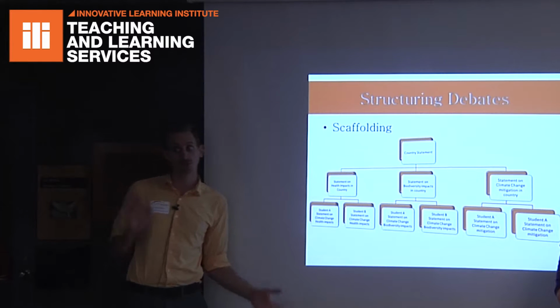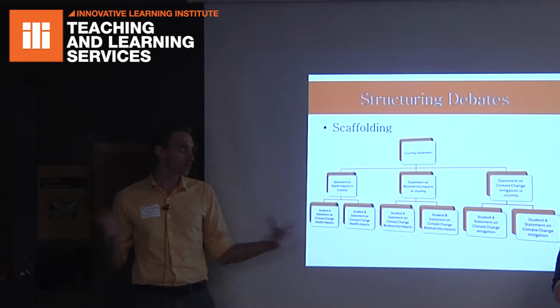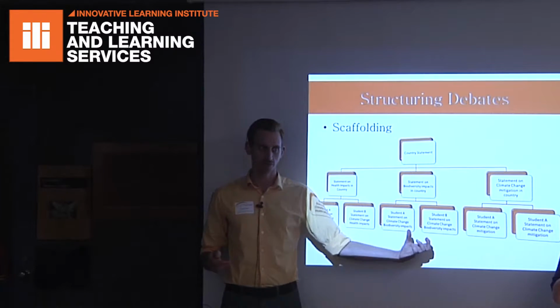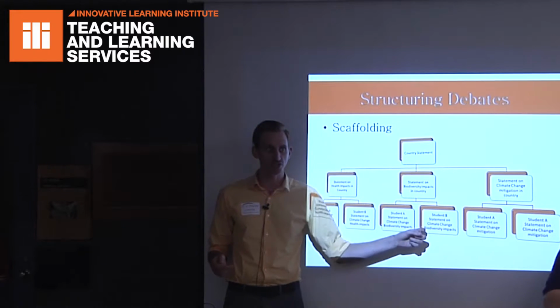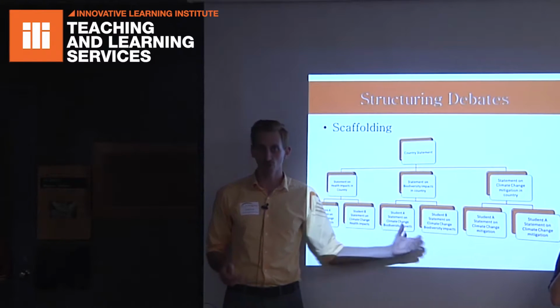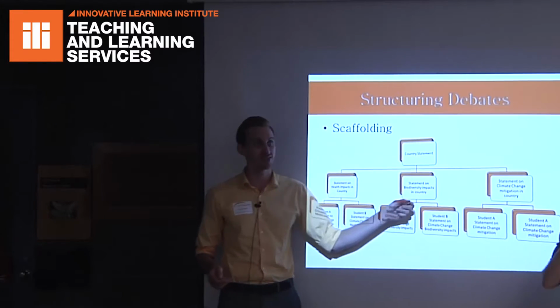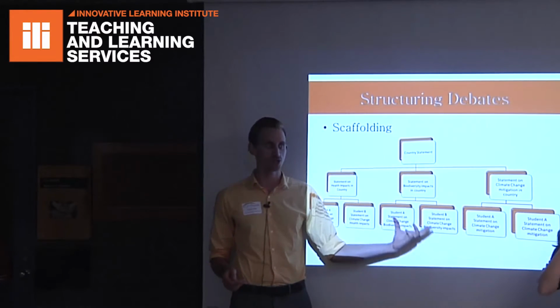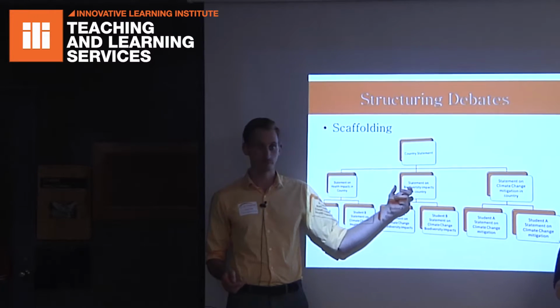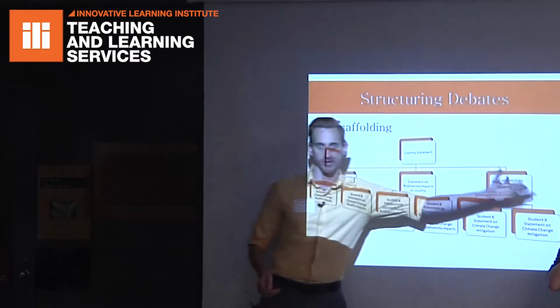So all the people from China who are talking about biodiversity caucus together. First, they have a small discussion between 3 or 4 students, and they come up with a statement that synthesizes all the research they did. That happens in each of the 3 subcategories.